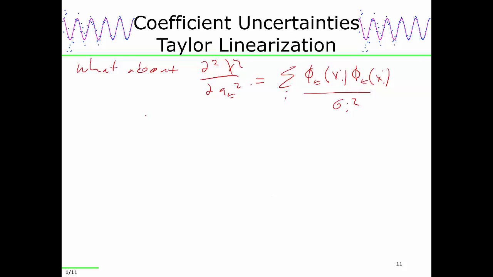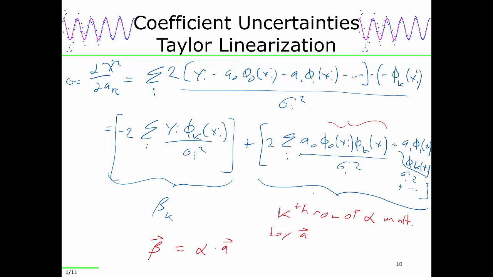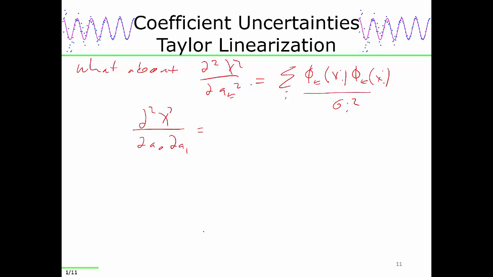What about del squared chi squared del a0 del a1? What's that going to be? I wrote them this way on purpose, phi sub k times phi sub k instead of writing it as phi sub k squared.